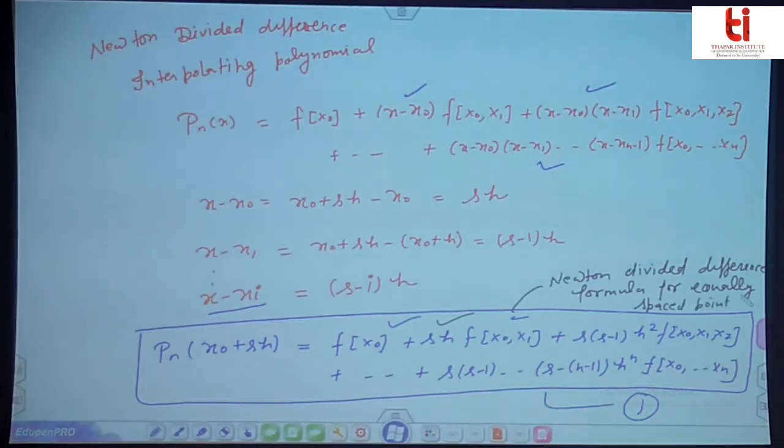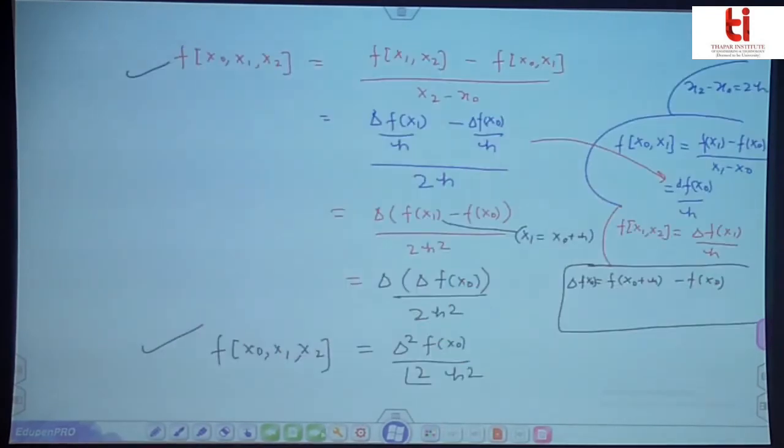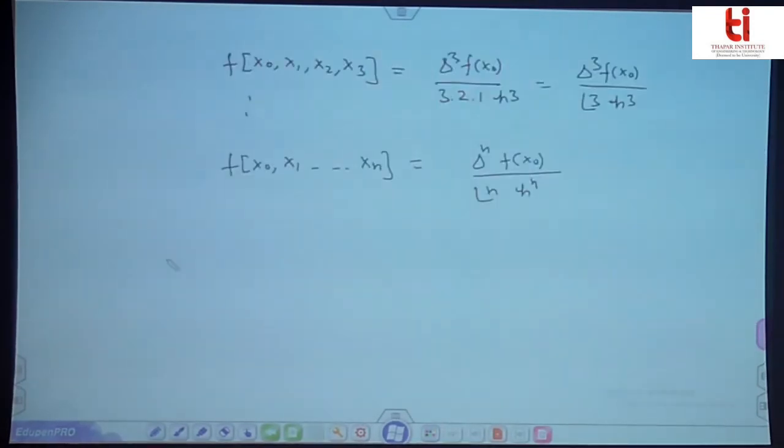Okay. So this is the Newton divided difference formula for equally spaced points. When the points are equally spaced, then only Newton forward or backward can be applicable. So we are having equally spaced points. So just put the value of f(x0), f[x0, x1], f[x0, x1, x2] from here.